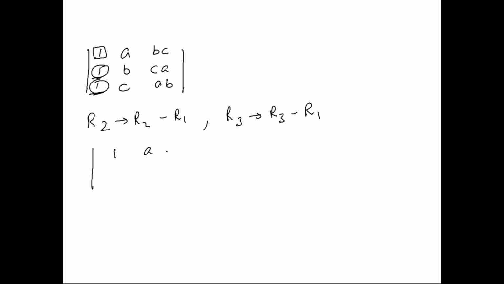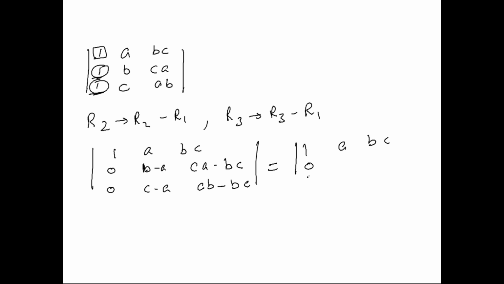This will become 1, A, B, C, 0. This will become B minus A. This will become CA minus BC. This will become 0. This will become C minus A. And this will become AB minus BC. Now, over here I can take C common and I'll be left with what?